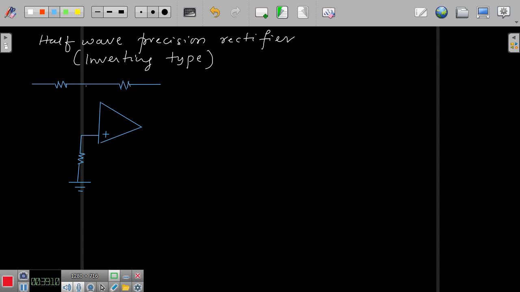So now I am trying to connect this to the inverting terminal here.